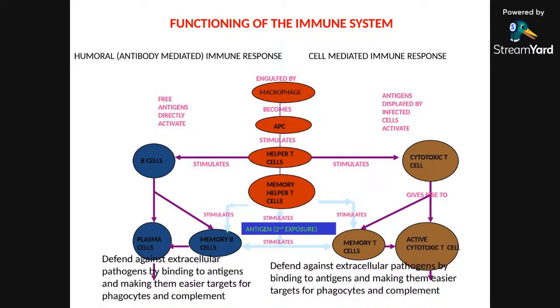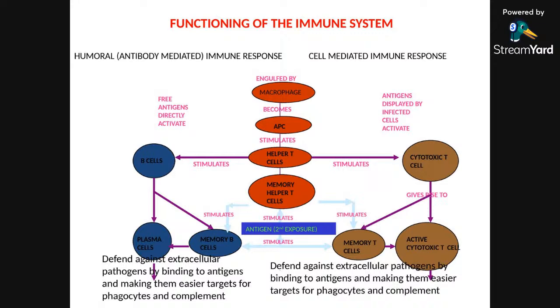These become memory cells and reach the plasma cells, which produce antibodies. Similarly, the cytotoxic T cells produce cytotoxic T cells, which are given to the memory cells.